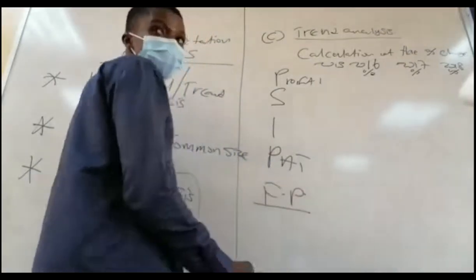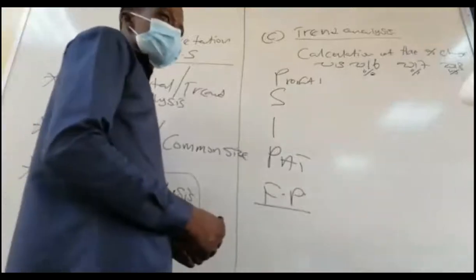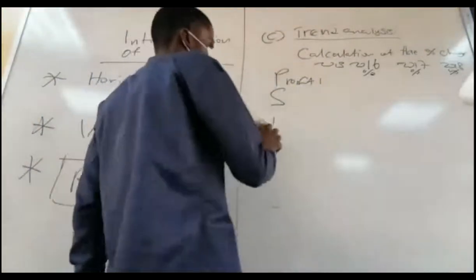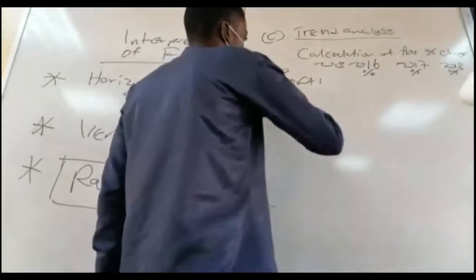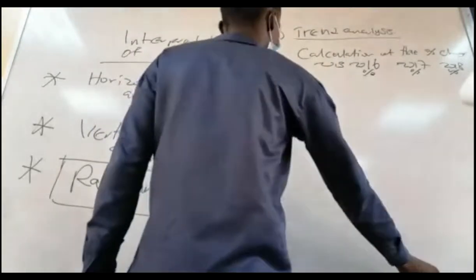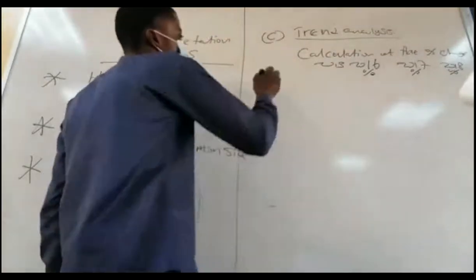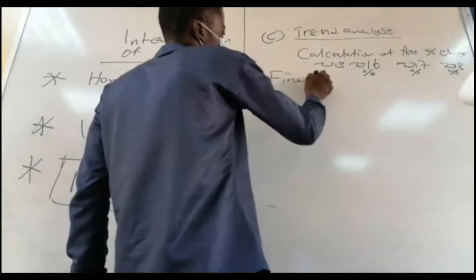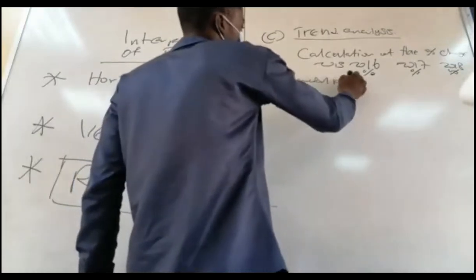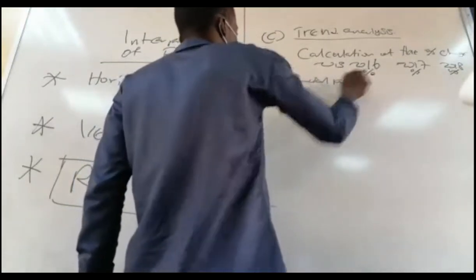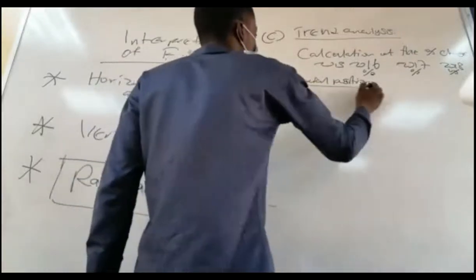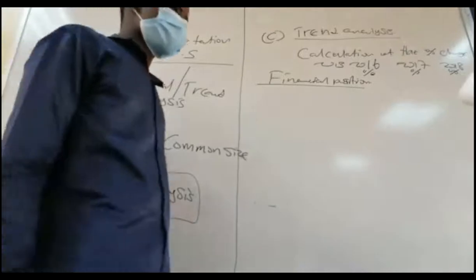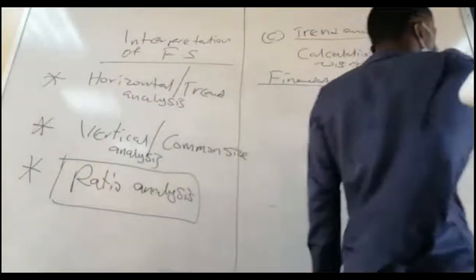Then you continue in that order to get the percentage changes. Okay. But this financial position, so first, the first item on the list. Good.